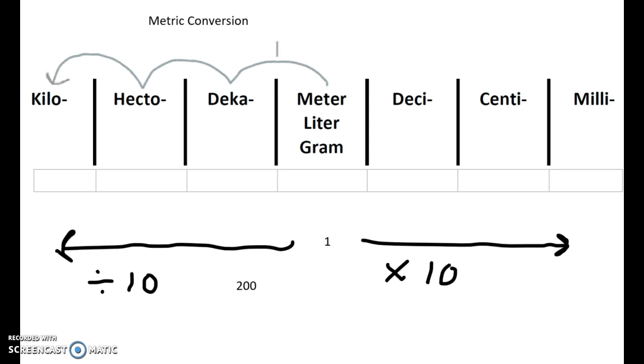We have moved 1, 2, 3 times. So we're going to say meter, this is going to be a little bit of a tight squeeze down here, deca, hecto, and kilo. So that means that there are 2/10 of a kiloliter in 200 meters.